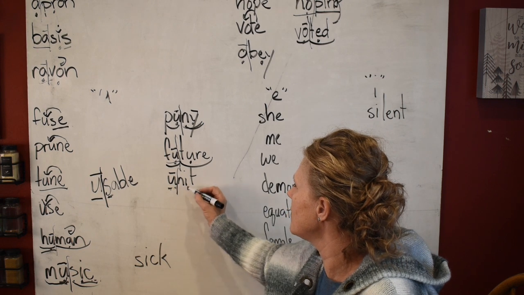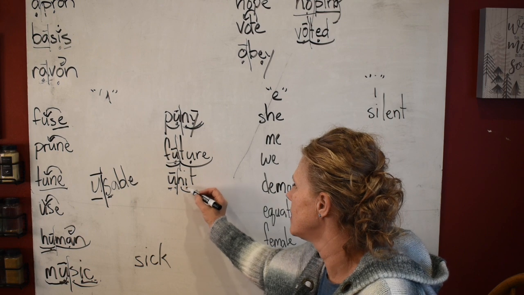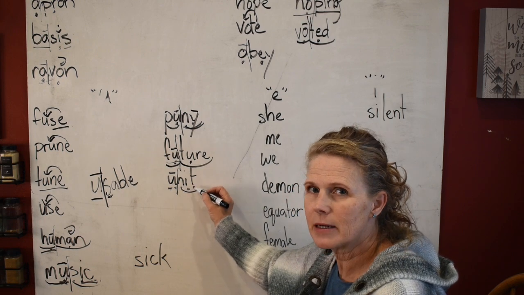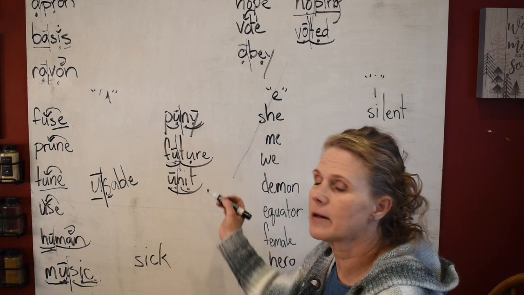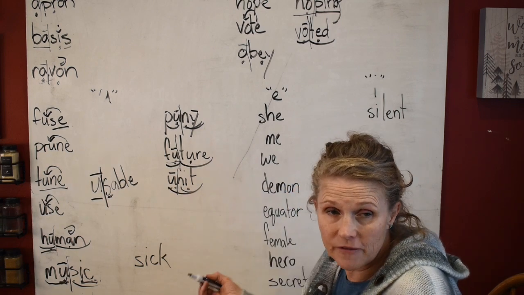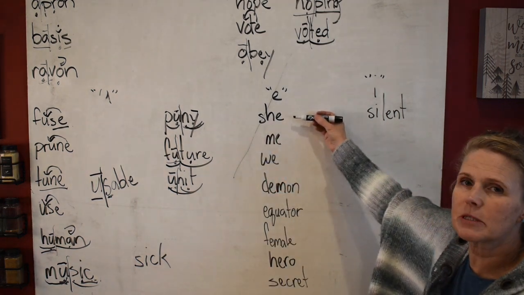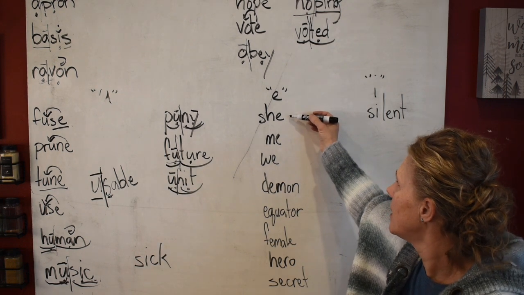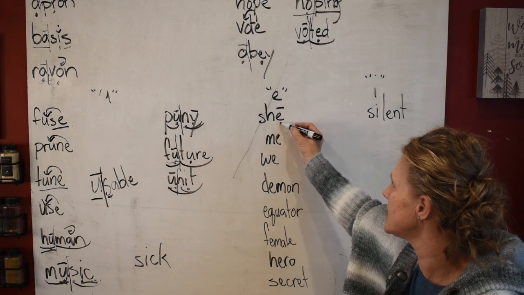So you, and then this is a closed syllable. It's going to say it, knit, you, knit, unit. Our family is a fun family unit. We belong together. Now, I just put some small little words on here that when you have an E sound and it's open, it says E.